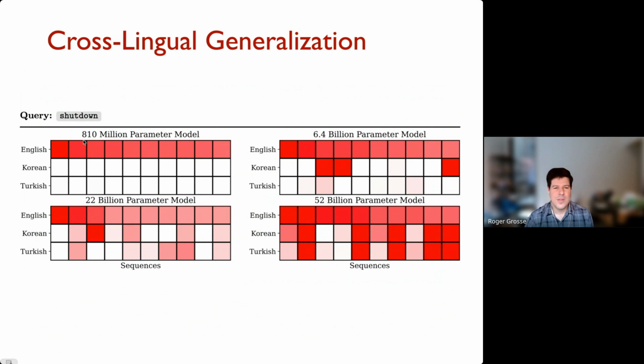For the smallest model we looked at, there was almost zero cross-lingual influence. The documents that were influential for the English query didn't influence the translations. But as you increase the model size, the cross-lingual influence gets stronger and stronger until for the largest model, the cross-lingual influence is essentially just as strong as the monolingual influence.